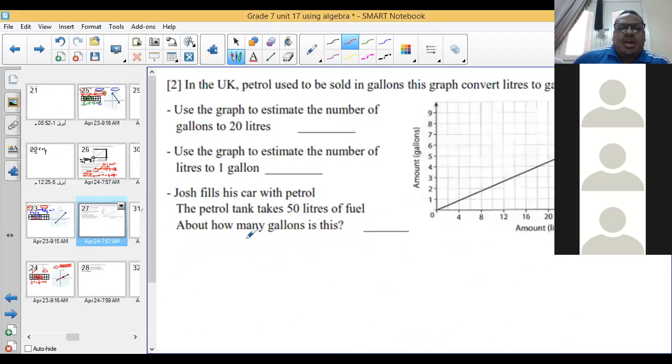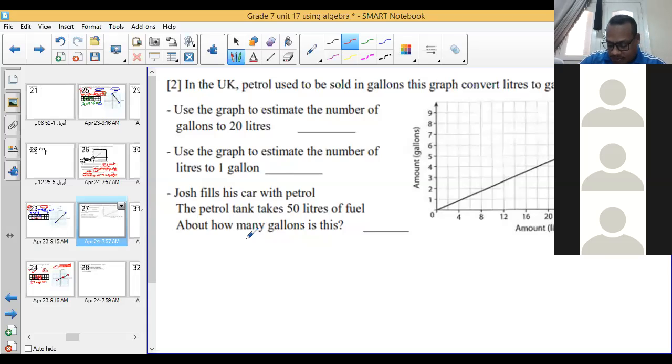Okay, in the United Kingdom, petrol used to be sold in gallons. This graph converts liters to gallons. Use the graph to estimate the number of gallons in 20 liters.